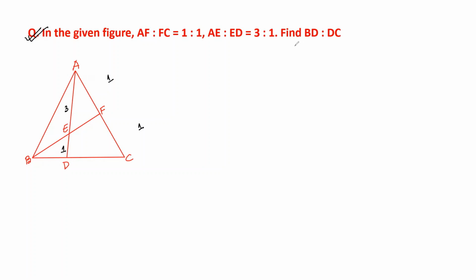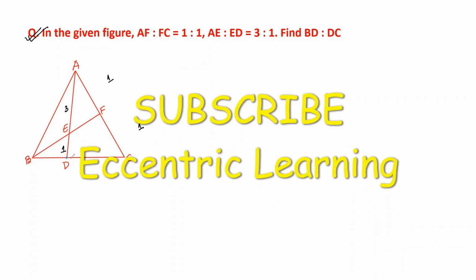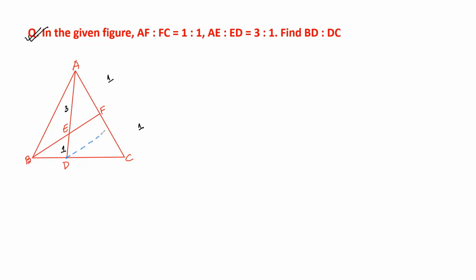And we need to find the ratio BD is to DC. To find the ratio BD is to DC, let us construct a line from the point D on the side AC at point G such that DG is parallel to the line BF.